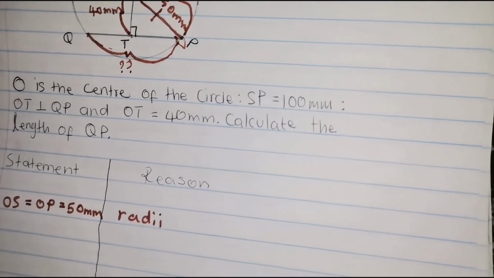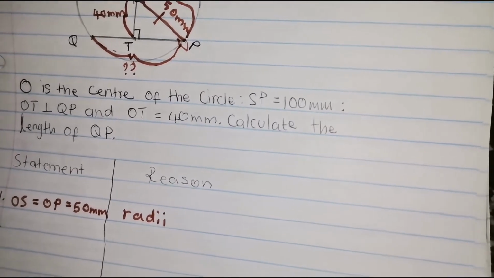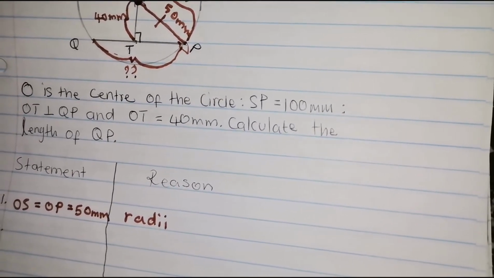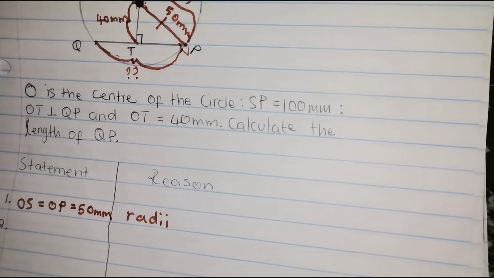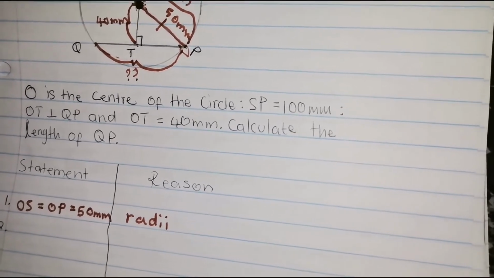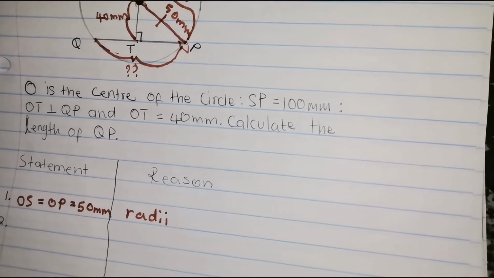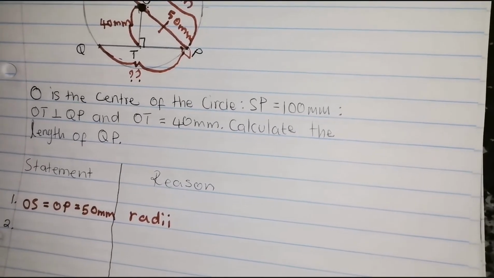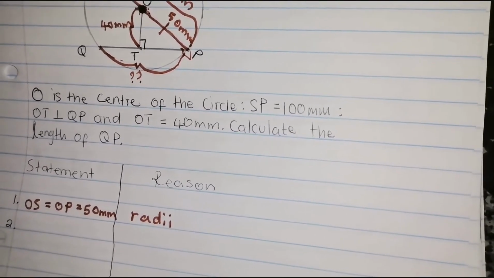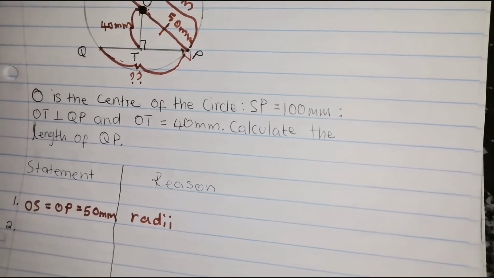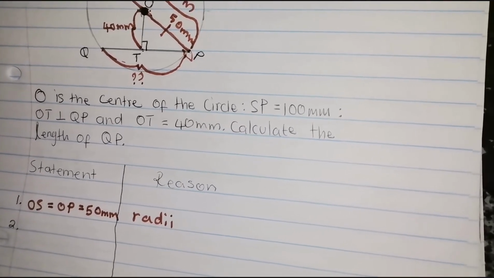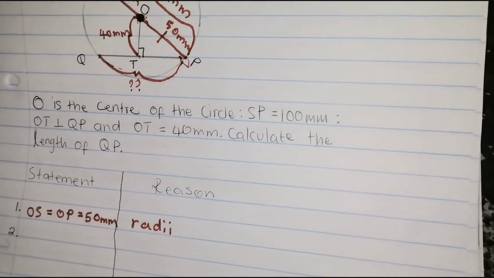How will I use Pythagoras when I have the longest side, the side QP? I'm not going to be able to use Pythagoras because that line is too long, and Pythagoras said it must have 3 sides, two known sides and 1 unknown, and it must be a triangle.